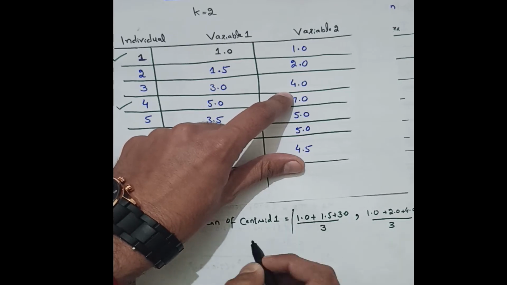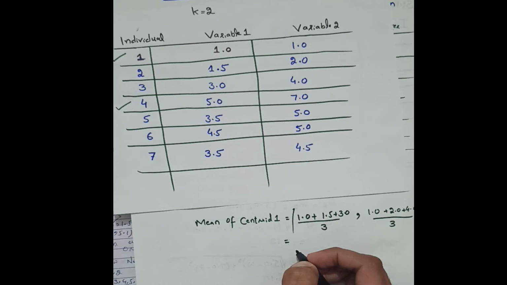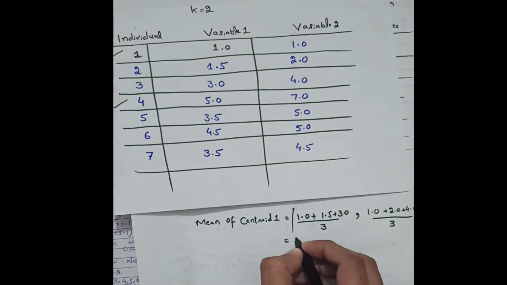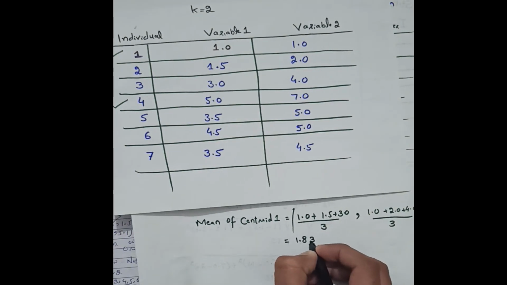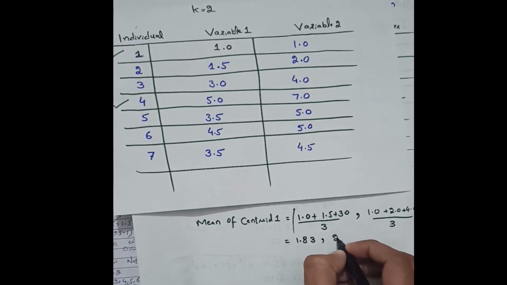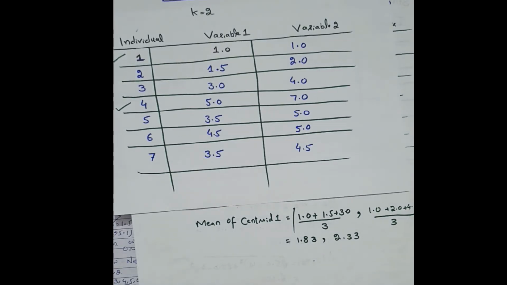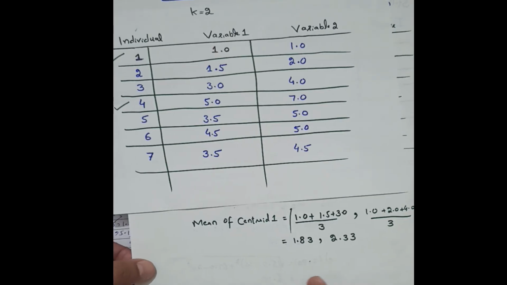So that is the mean of centroid 1. After calculating, the mean of centroid 1 is (1.83, 2.33). Similarly we calculate the mean of centroid 2, and that becomes our next centroid.